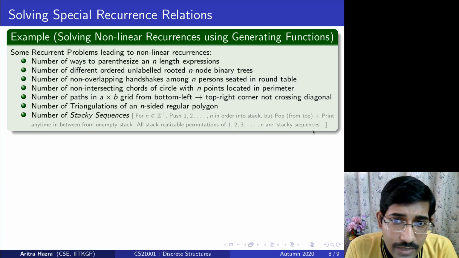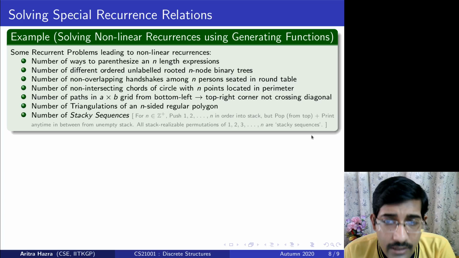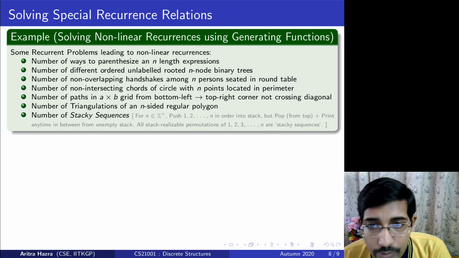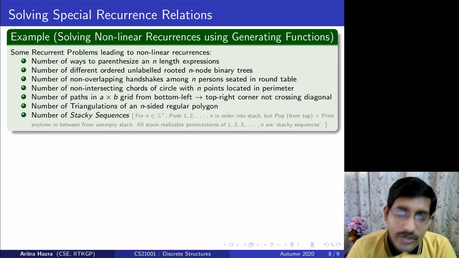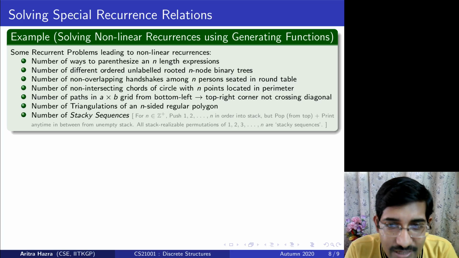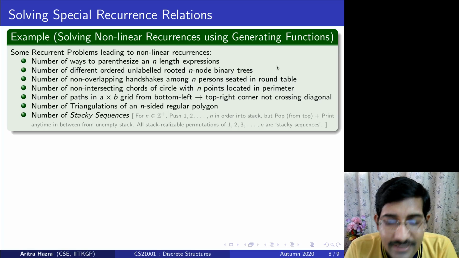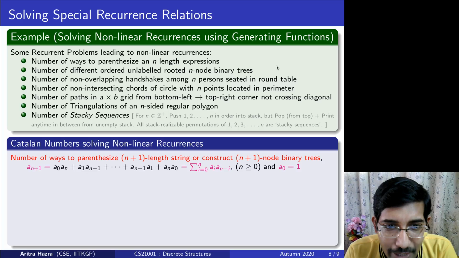So you can see that obviously if you try to push 1, 2, 3, 4 in order and try to pop in between, there are some sequences you cannot get. So those sequences are not stacky sequences. How many stacky sequences are possible? If you get some answers to it, all the answers are equivalent, I would say. And the magic is the Catalan number.